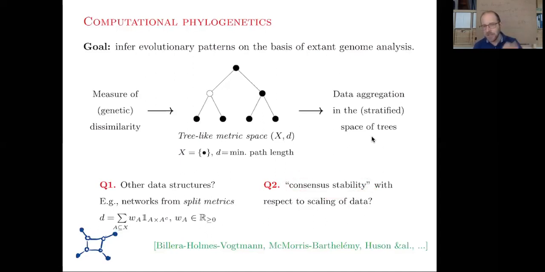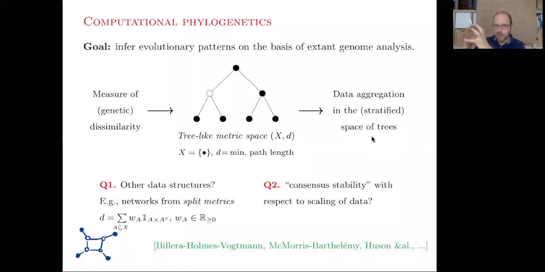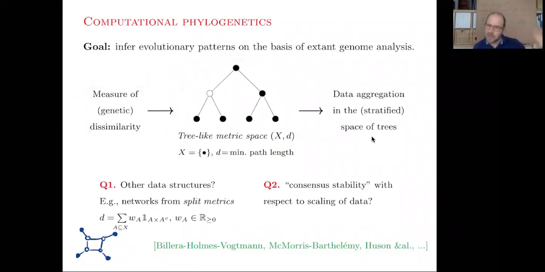I'm now going to another slide to try to explain what consensus theory is. Our overarching situation here: we want to go from a measure of genetic similarity to a single output phylogenetic tree. We first model this dissimilarity as a metric space, which we'll address later.